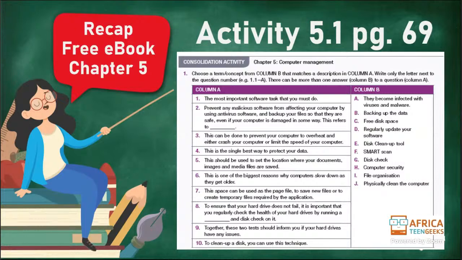Remember, if your hard drive, maybe we can say storage device, is getting full, it means the CPU will have to work hard, maybe to try to retrieve or to process whatever data is in memory.